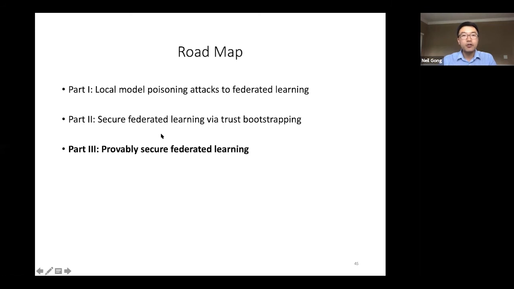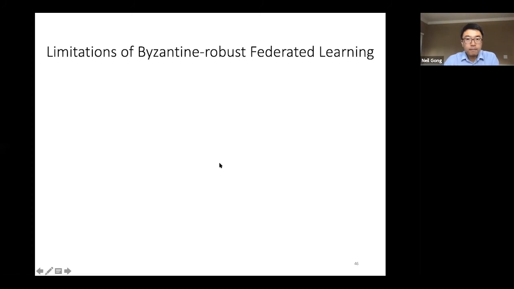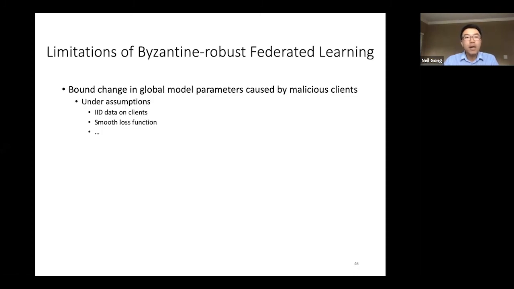So now let's continue to part 3 of this talk about how to build provably secure federated learning methods. Existing Byzantine-robust federated learning methods, including our FL trust, can bound the change in global model parameters caused by malicious clients based on some assumptions.